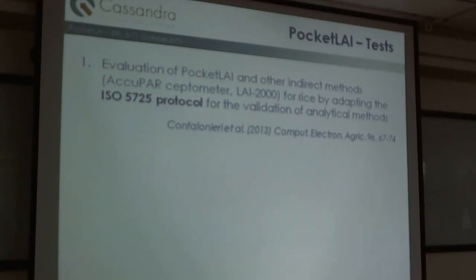So the first test was the evaluation of PocketLAI and other indirect methods, the AccuPAR ceptometer and the LAI-2000, for rice, by adapting the ISO protocol for the validation of analytical methods.